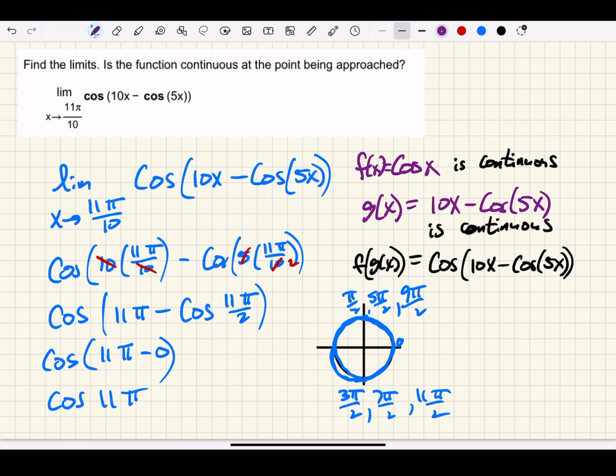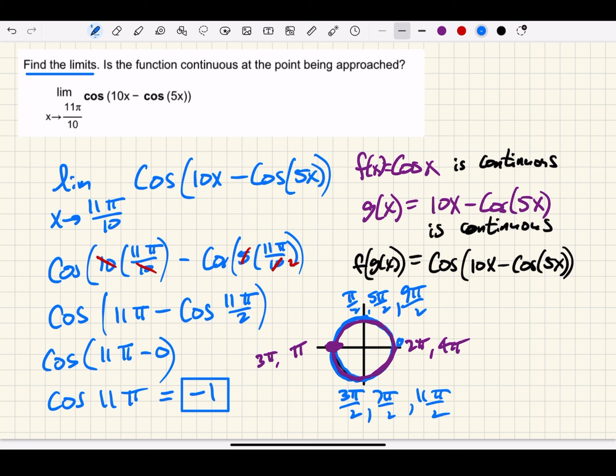Now, sweeping the circle again, here would be pi, and then here would be 2 pi, and then 3 pi, and 4 pi, and actually every odd multiple of pi is going to occur at a coterminal angle with pi, where the cosine is -1. So the cosine of 11 pi is just -1. So there's the answer to the limit question.